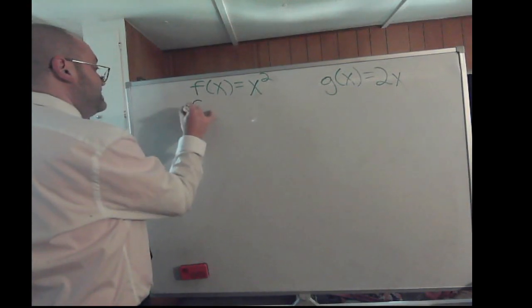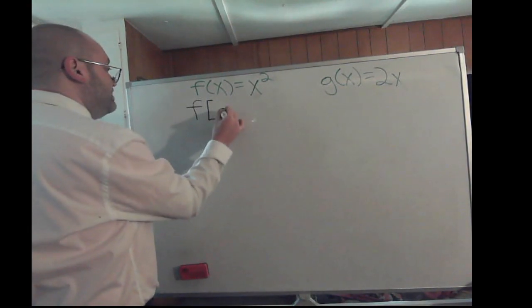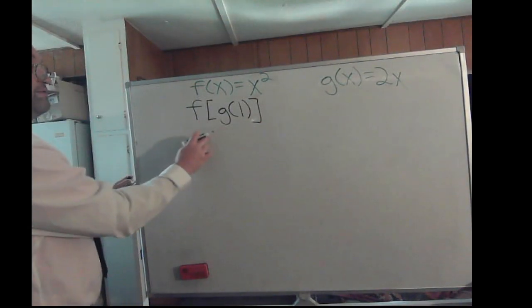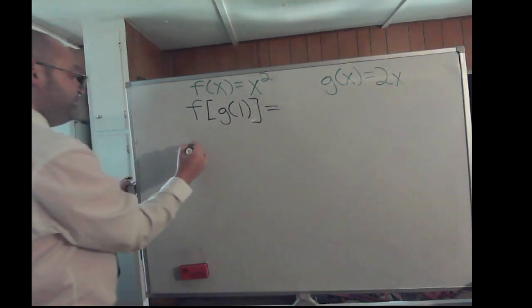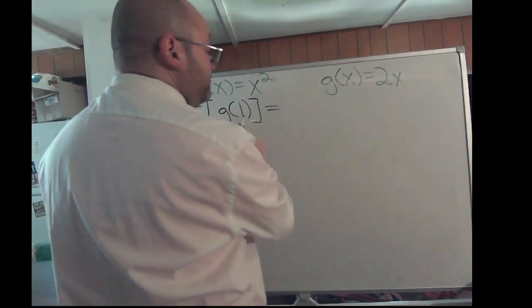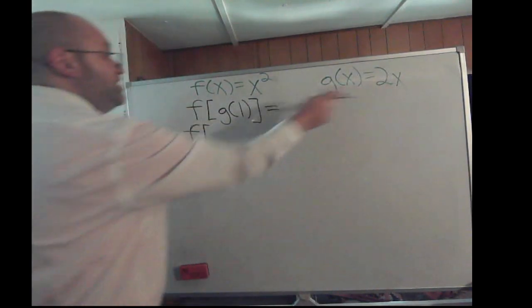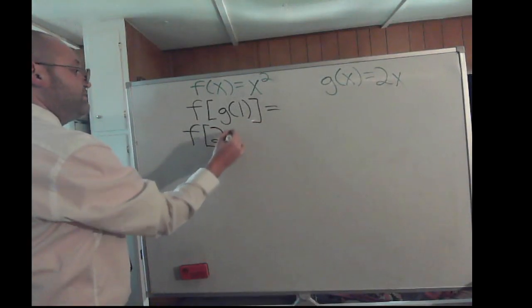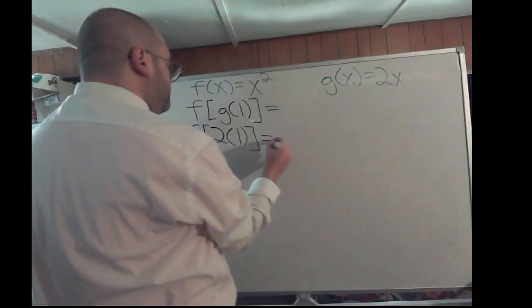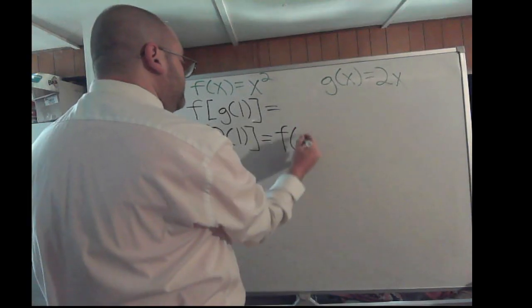Now, what if we did f of g of 1? So we do it in reverse, right? We're going to do f of g of 1. Well, keep the f outside of your brackets. Now worry about g of 1 for a minute. g of 1, well, g of x is 2x, so that'd be f of 2 times 1. Well, we know f of 2 times 1, that would simply be f of 2.